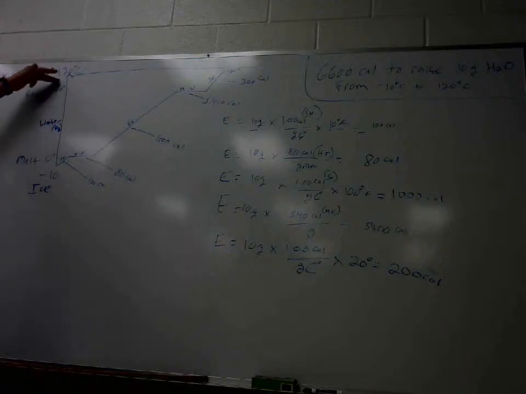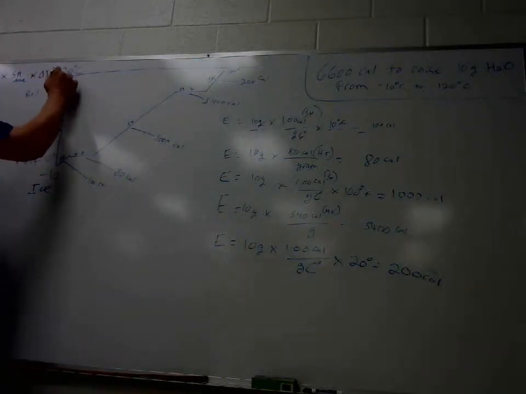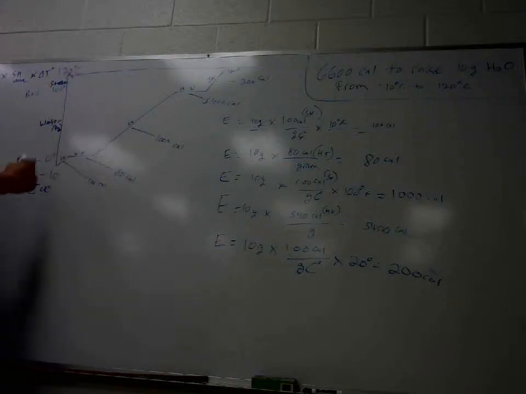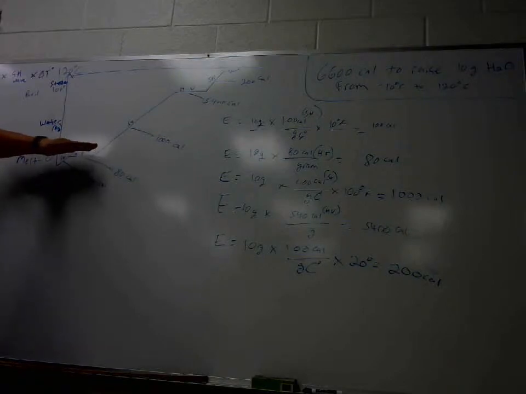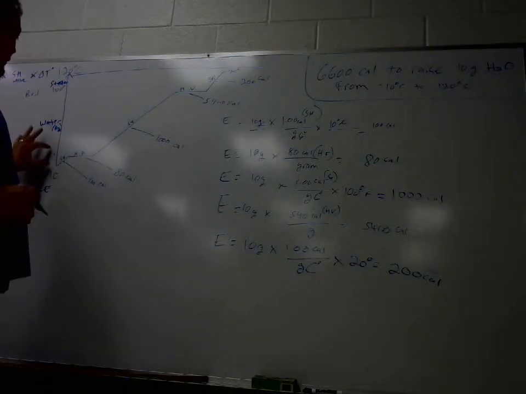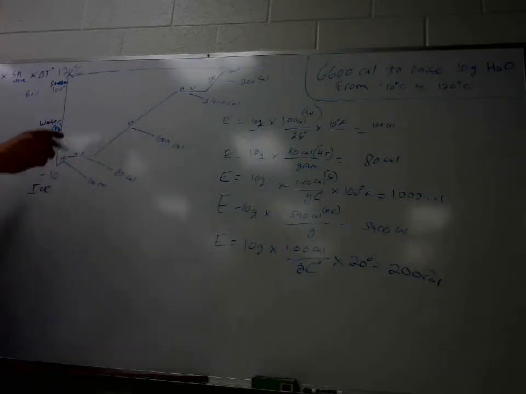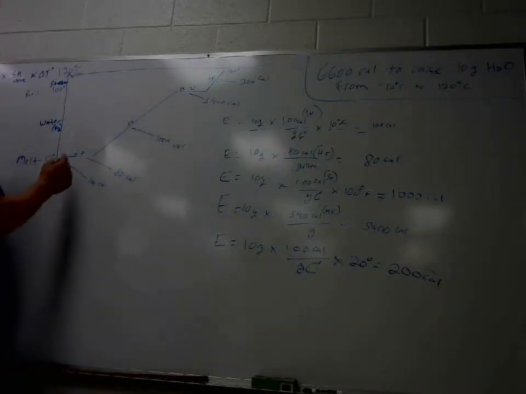And let's take it on up even farther to where it boils, then it becomes steam. There is a plateau at the melting and freezing temperature of water, which is 0 degrees, where this is a heating curve. You've probably seen this in lab.